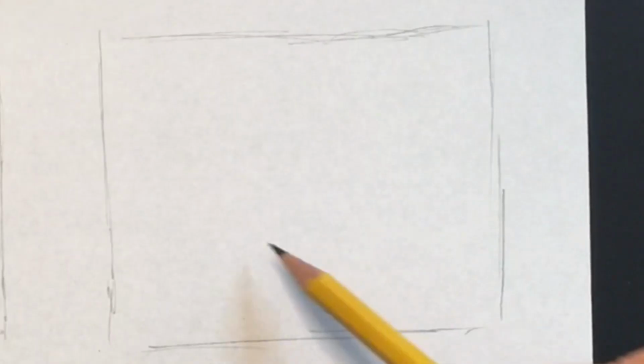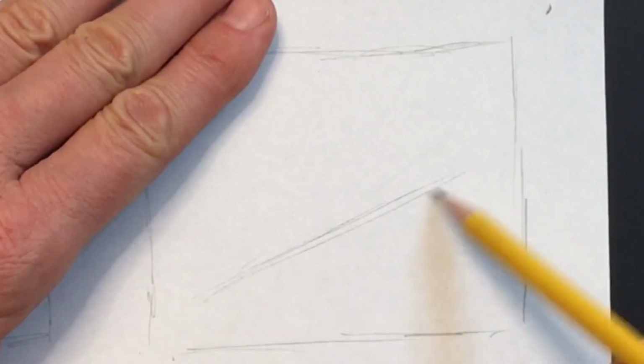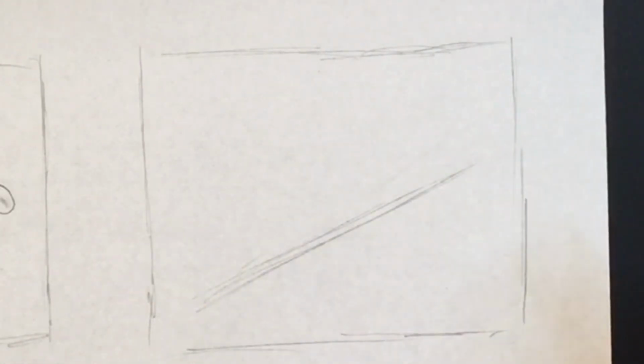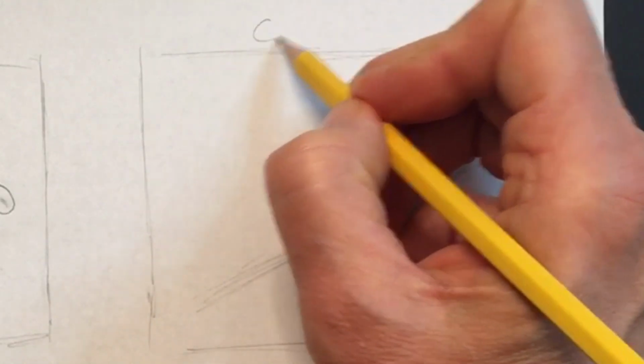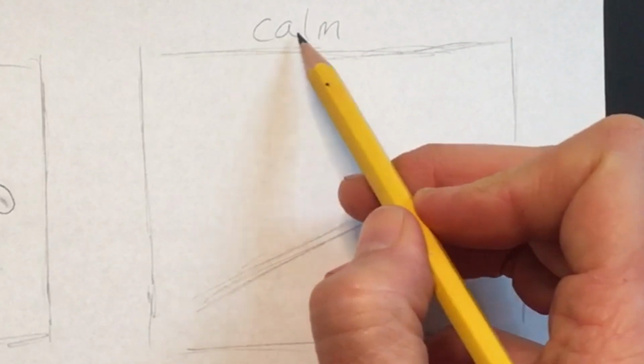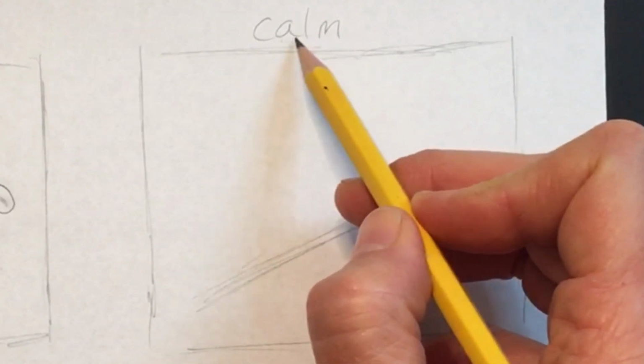Now for this thumbnail, let's say I want to do it at an angle. And let's say this time I have a word that has an even amount of letters. Let's say my word is calm. So with this one, it's 1, 2, 3, 4 letters. I would have 2 spaces on my middle.